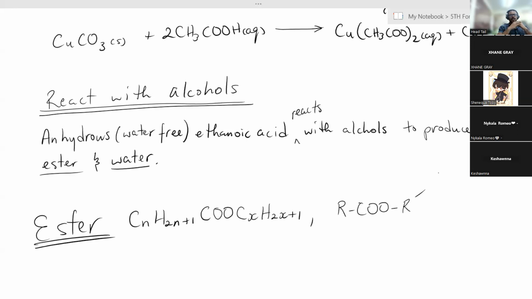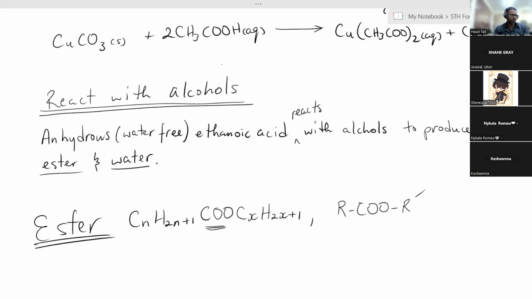When you look at the general formula, you can see the COO part, which is the COO from a carboxylic acid. You can think of it that the hydrogen there is now displaced by a whole carbon chain, and that's what forms an ester.